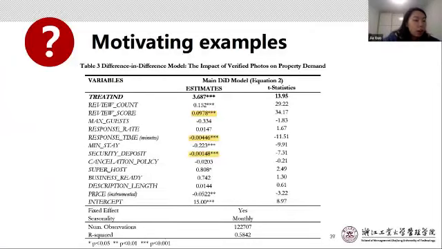Then we look at some seemingly weird results in top-tier journals. We can see that the estimate of this parameter is quite small, but it is very statistically significant. It has three stars. Three stars means that the p-value is quite small.